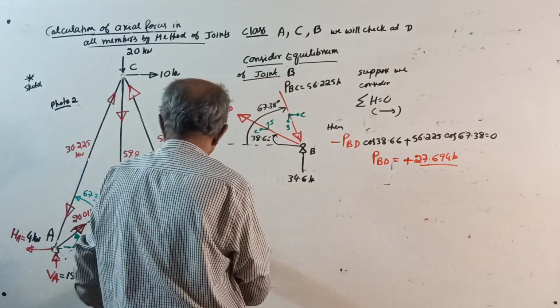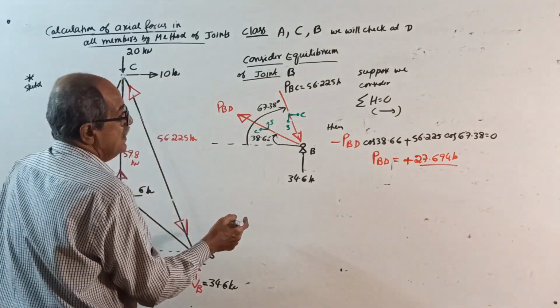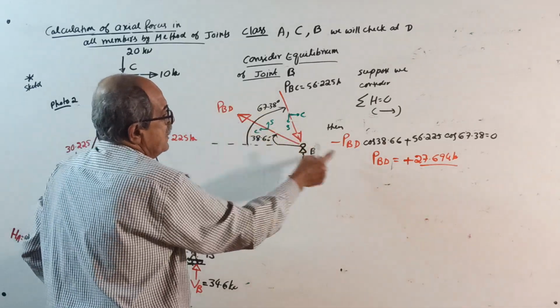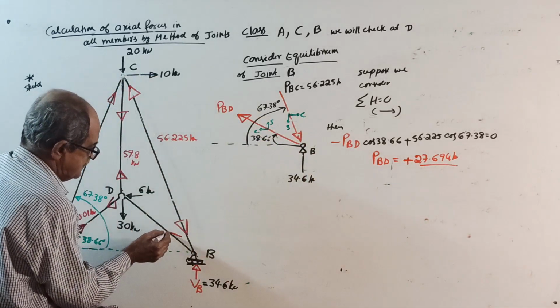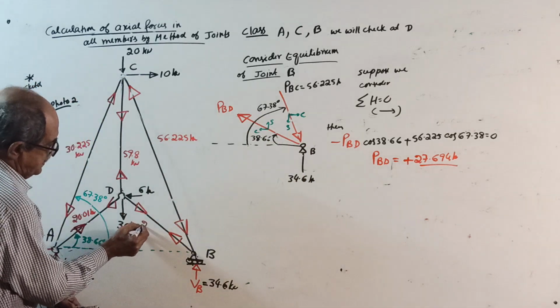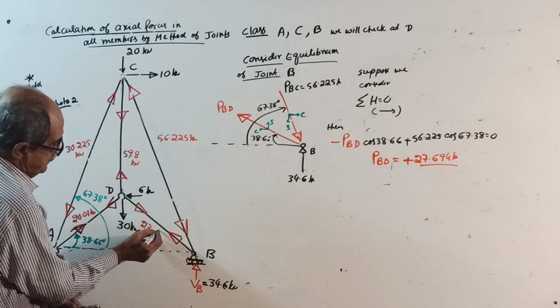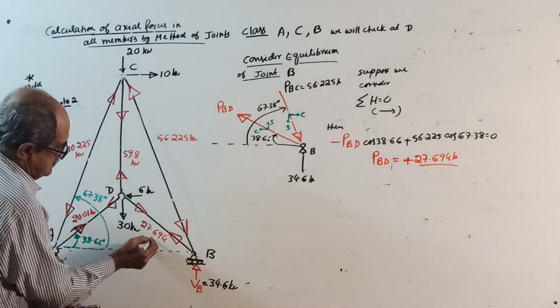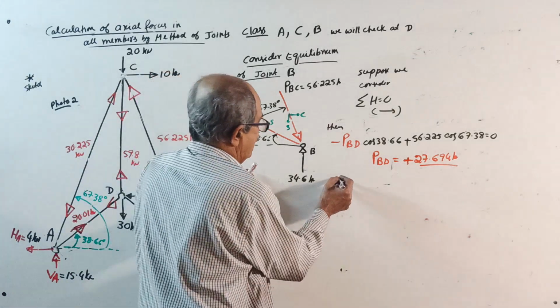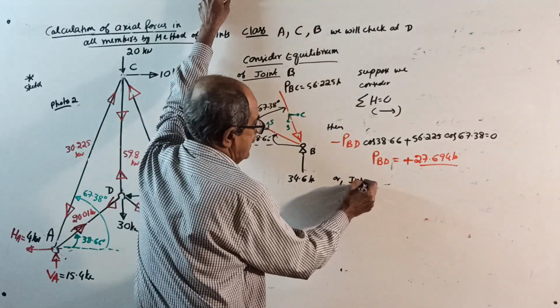You can go and enter the answer. We took going away from the joint, positive came, correct. Opposite here, how much is it? 27.694 kilonewton.